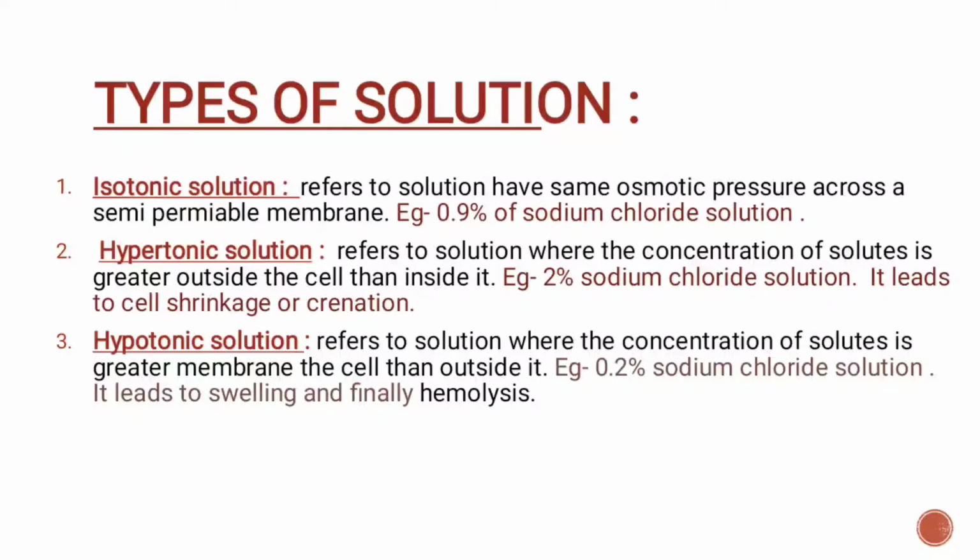The second one is hypertonic solution. It refers to a solution where the concentration of solute is greater outside the cell than inside. Example: 2% sodium chloride solution. It leads to cell shrinkage or crenation. The third one is hypotonic solution. It refers to a solution where the concentration of solute is greater inside the cell than outside it. Example: 0.2% sodium chloride solution. It leads to swelling and finally hemolysis.